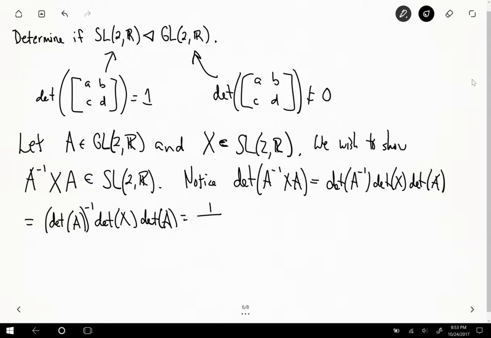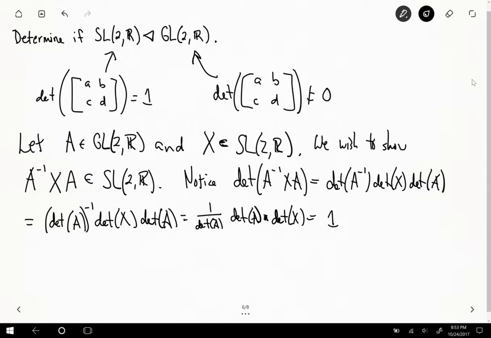So determinant of A to the negative 1, and we multiply that by the determinant of A, and then rather than mark it out already, I'll write determinant of X. So determinant of A times 1 over the determinant of A, that equals 1.